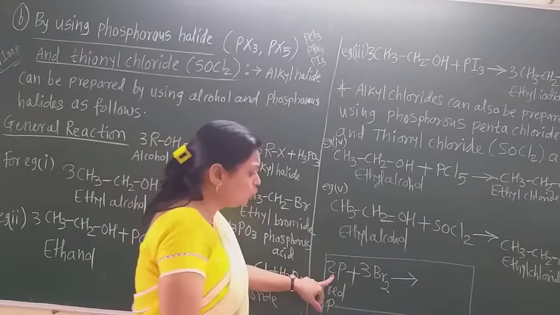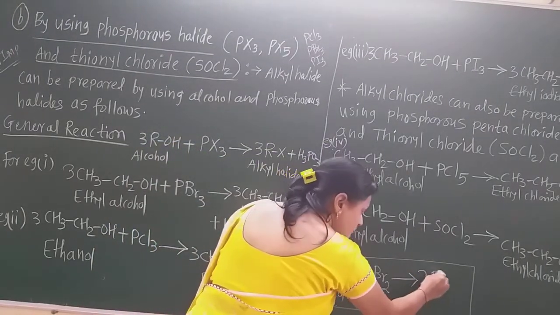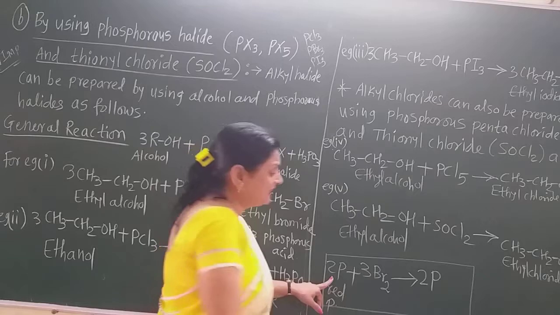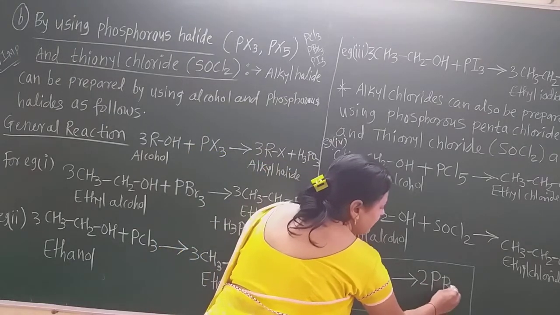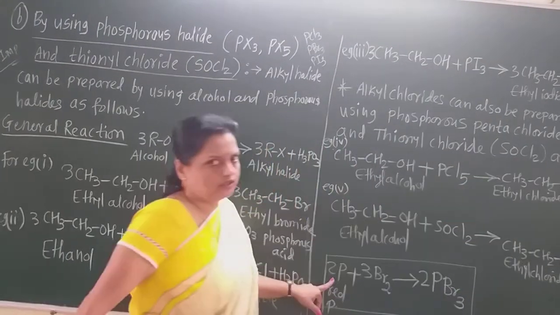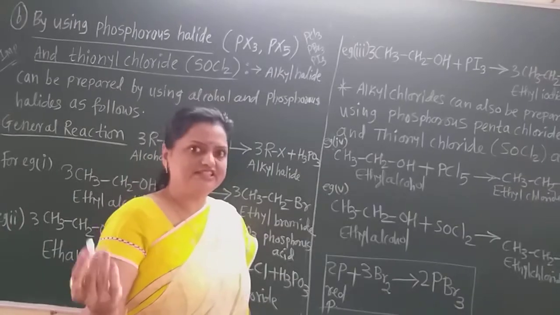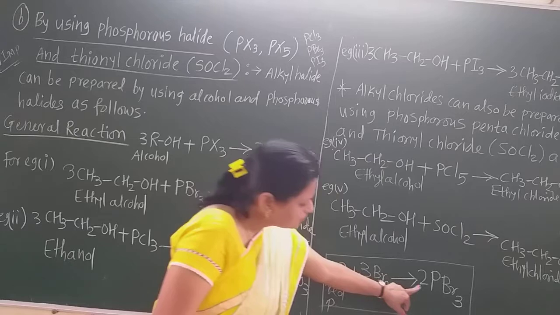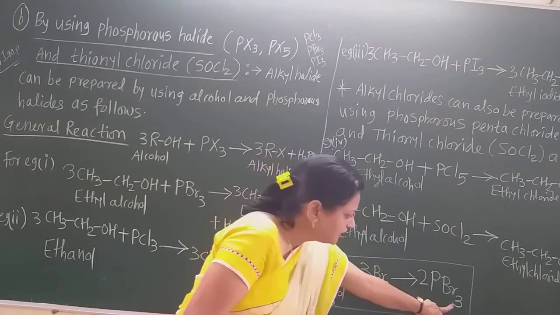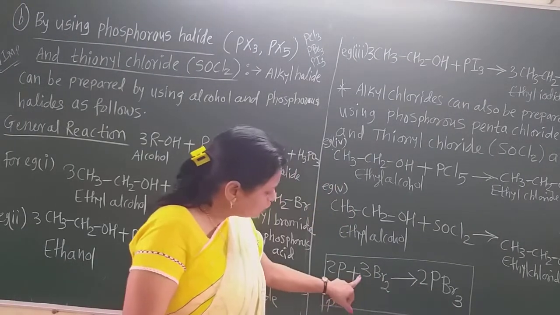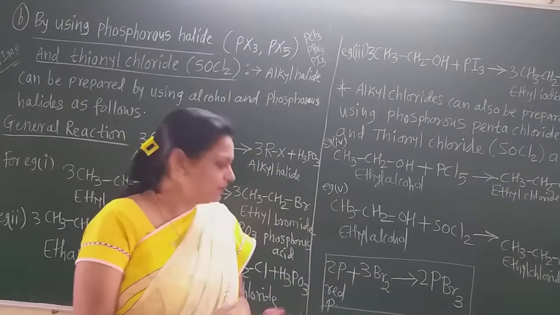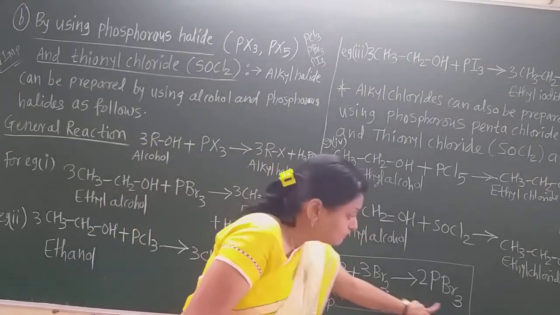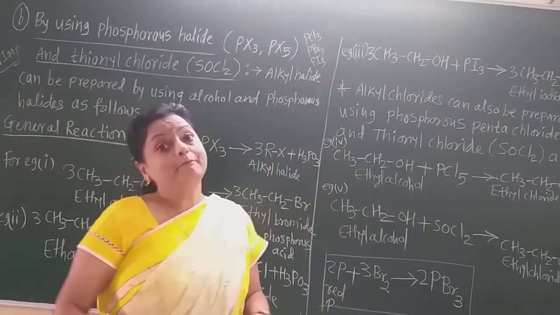Now as there are 2 moles of phosphorus, and one phosphorus atom requires 3 halogen atoms, PBr3, because it is phosphorus tribromide. Now only balance: see here, 2 phosphorus are there and 3 multiplied by 2, 6. Here also 3 multiplied by 2, 6. That is balanced. Now in this way all these phosphorus trihalides are prepared.